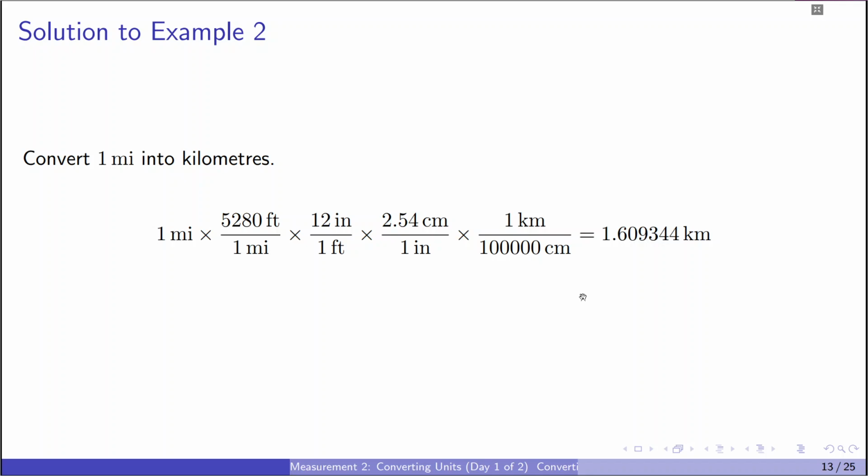You multiply all of this together, you get 1.609344 kilometers. So if you take 5,280 times 12 times 2.54, then you will get about 160,934.4. And then you divide by the 100,000 to make it into kilometers.